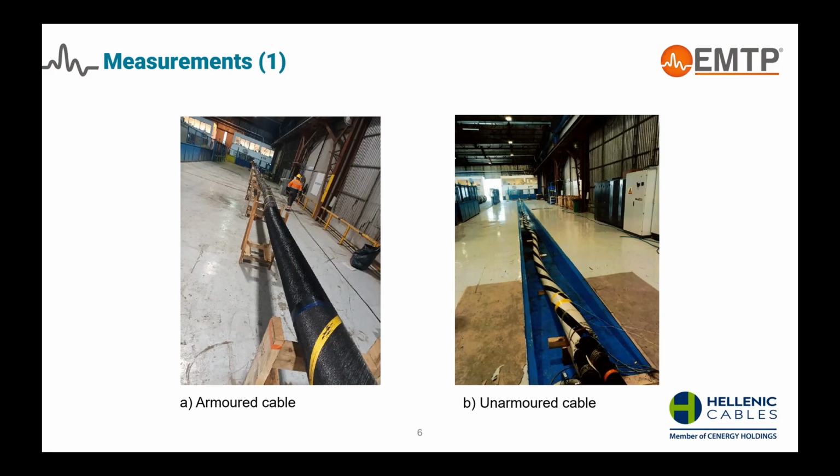The first one is an armored cable, and the second one is the unarmored cable that will be tested. Actually, it is the same cable, but in the second picture, the armor is removed, and it is a typical underground cable in Trefoil formation.